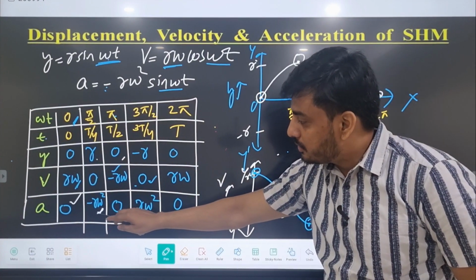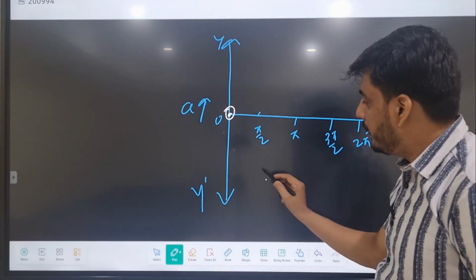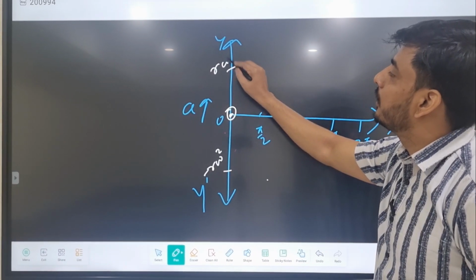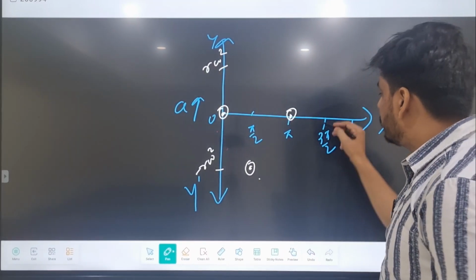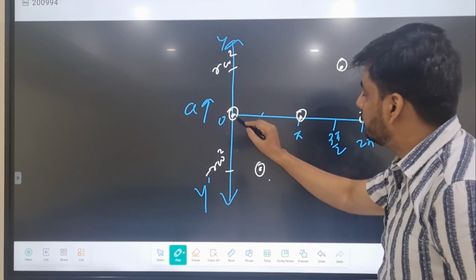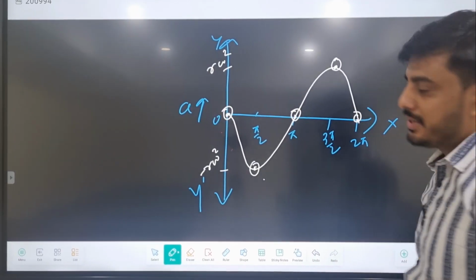At pi by 2 it is minus r omega square. At pi it is 0. So accordingly you can plot at pi by 2 minus r omega square. Let this be minus r omega square and this be r omega square. So this point will be here. At pi it is 0, meaning here; at 3 pi by 2 it is positive, meaning here; at 2 pi it is 0. So this is the graphical representation of acceleration.